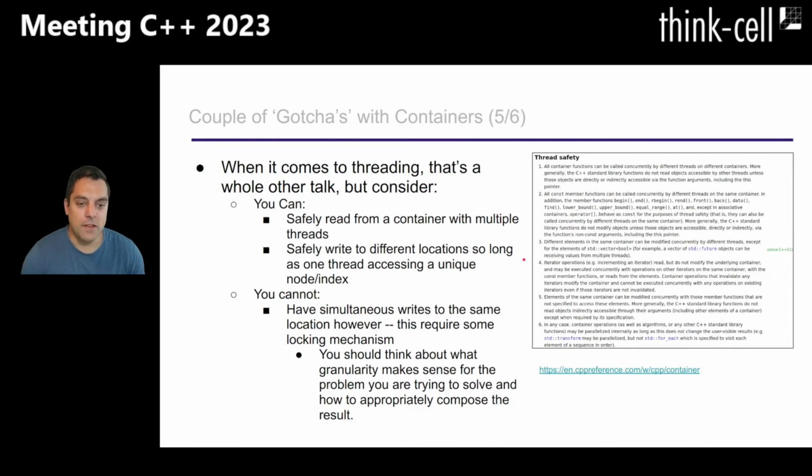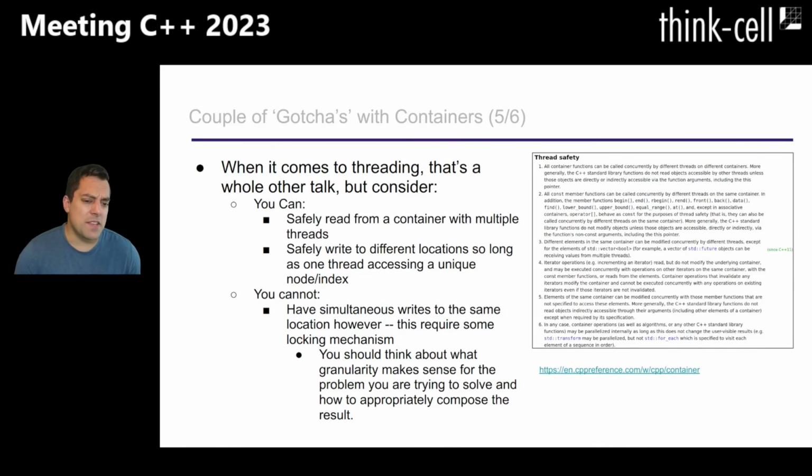Okay, now there's some other things that warrant probably their own talks on thread safety, but you can kind of read through the notes here and just understand that it's safe to read from a container with multiple threads. Generally speaking, we can have lots of threads reading from our containers of data. We can write to different locations as long as they're truly different and accessed by one thread at a time.